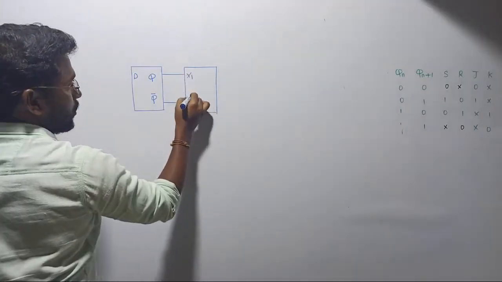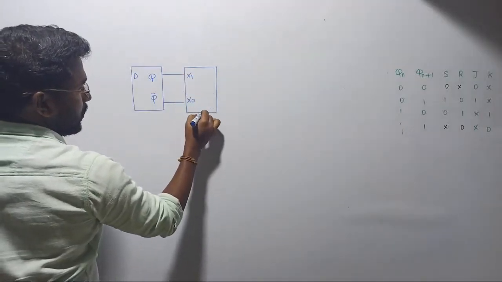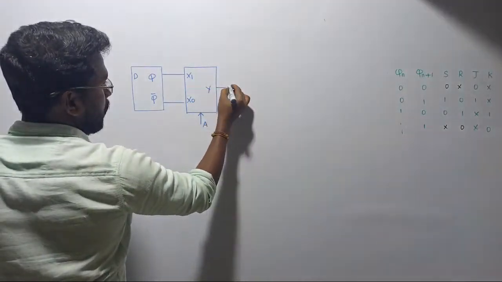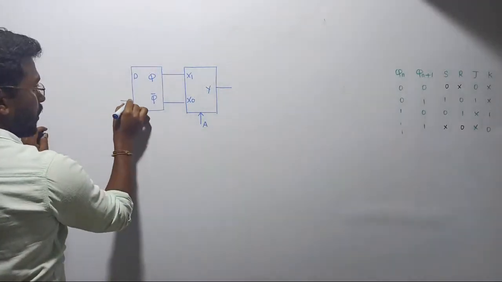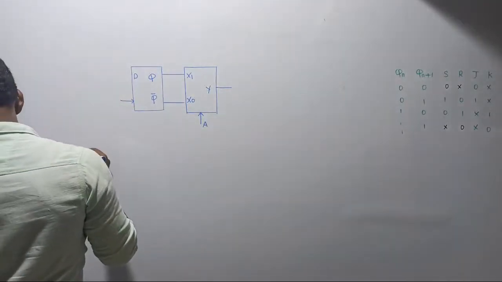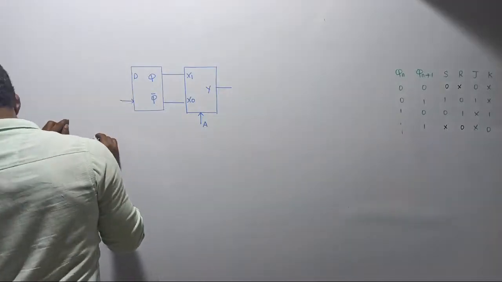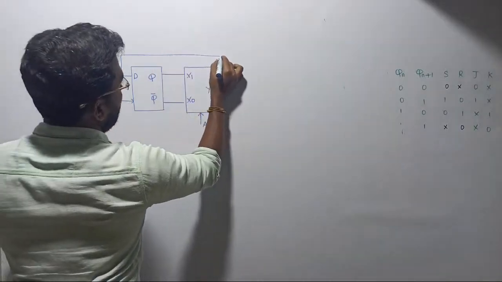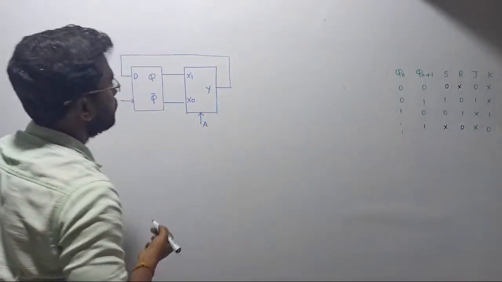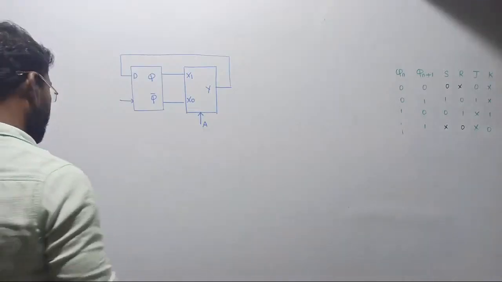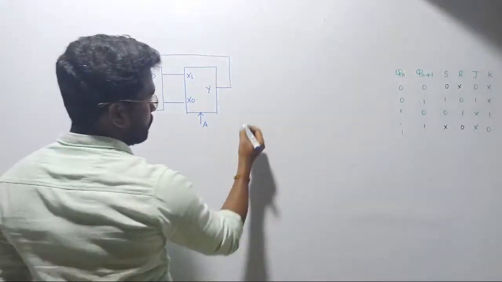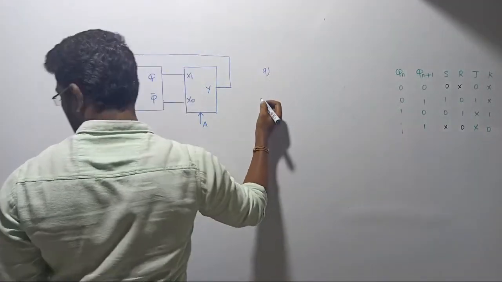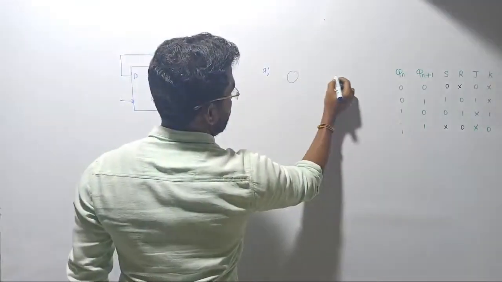This is X1, this is X0, this is A, and this is Y. Here they are giving the clock pulse. Yeah, this is going to be our circuit now, right? Now they are given 4 options, state diagrams, right? Let me write down option A. One second.